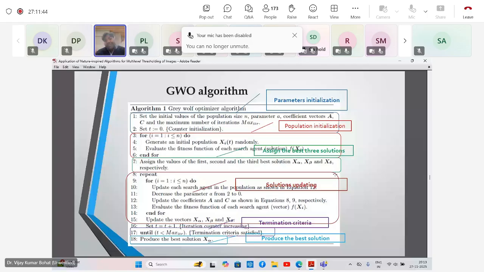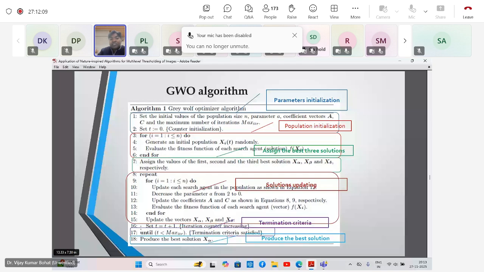Now for every gray wolf, we calculate its next position with respect to alpha, beta, and delta, and then take the average, x1 plus x2 plus x3 divided by 3. This loop runs from line 8 to 15, or 8 to 16.